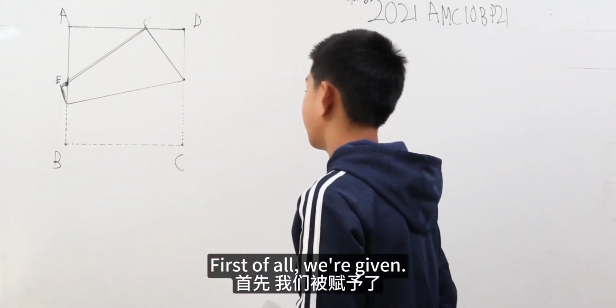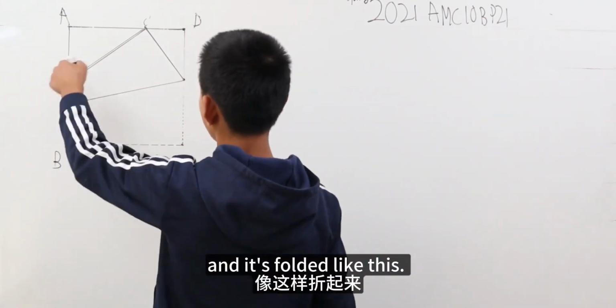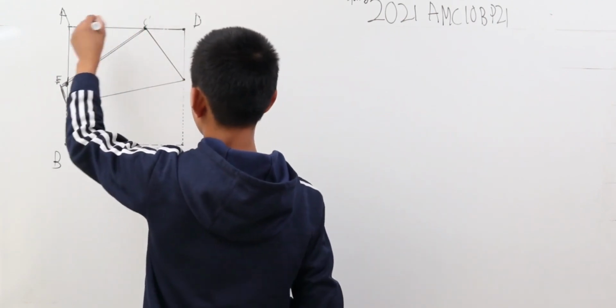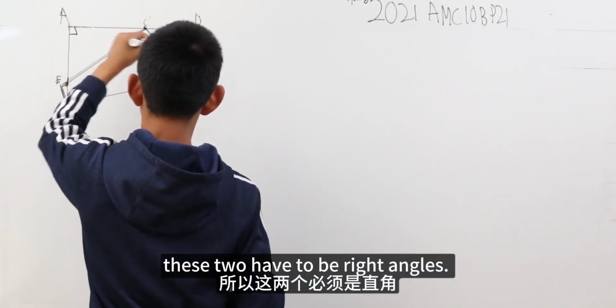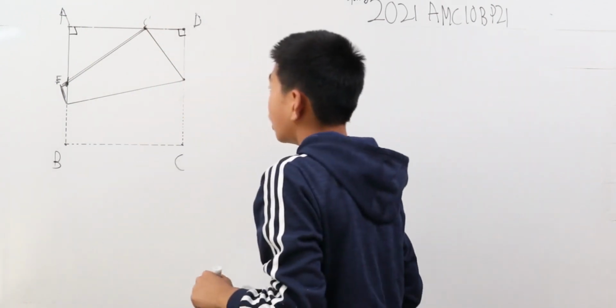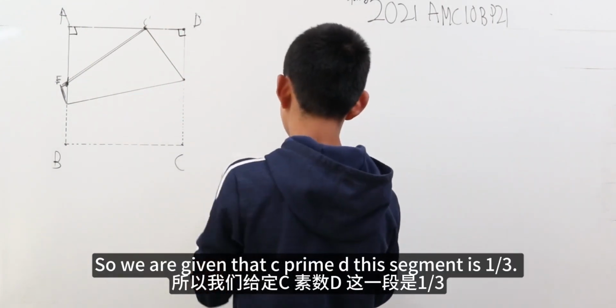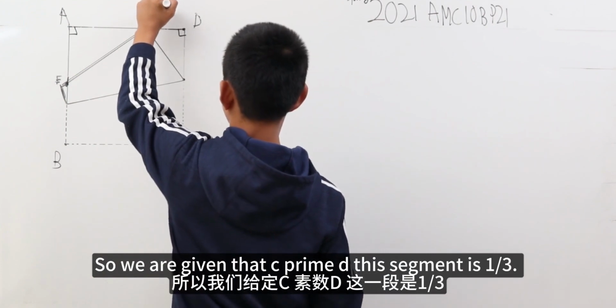Well, first of all, we're given this is a square sheet of paper and it's folded like this. Since it's square, these two have to be right angles. We are given that C prime D, this segment, is 1/3.